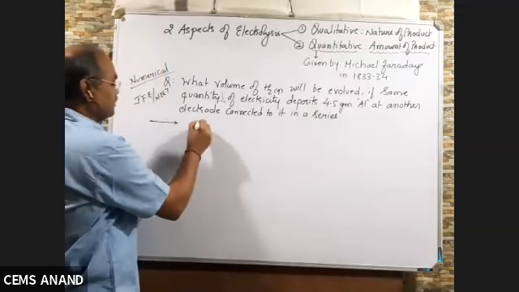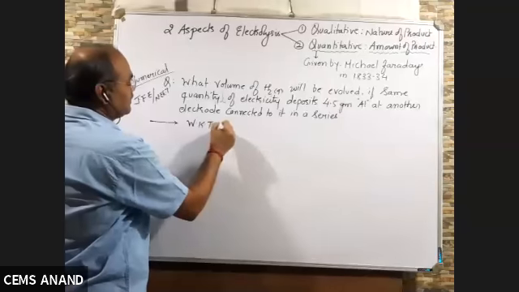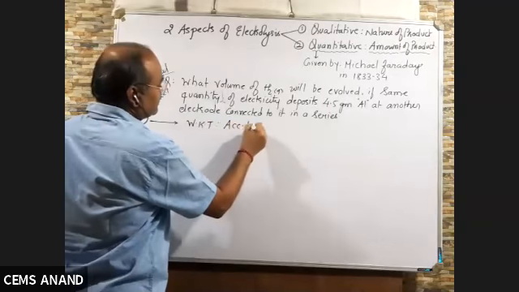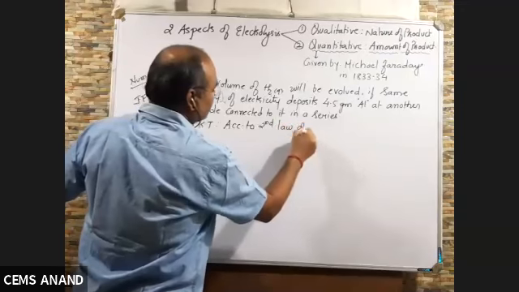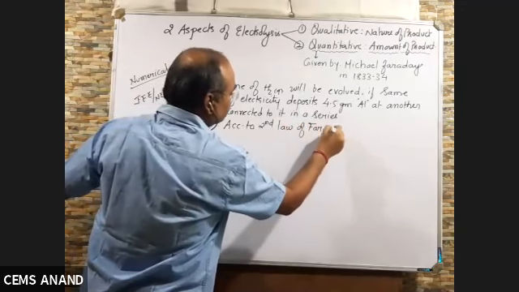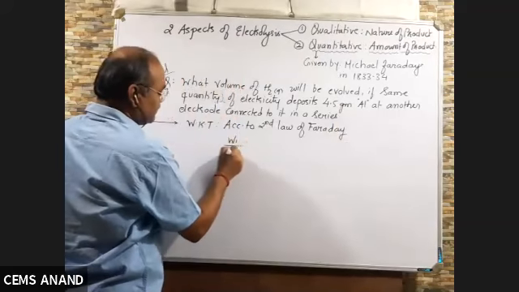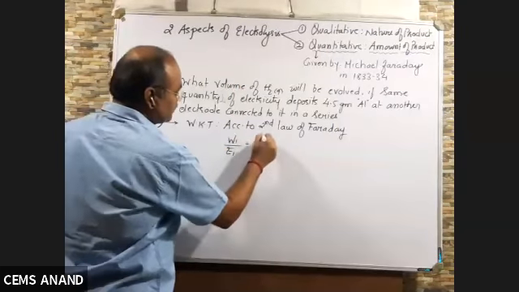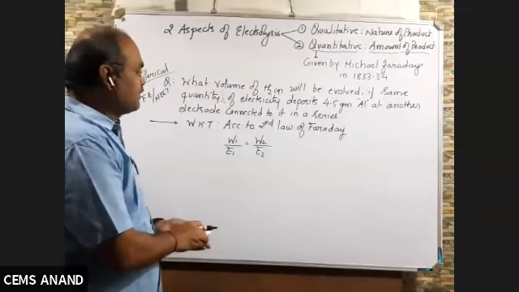For this, we know that according to second law of Faraday, W1 by E1 is equal to W2 by E2. Now what will you take as W1 and W2?